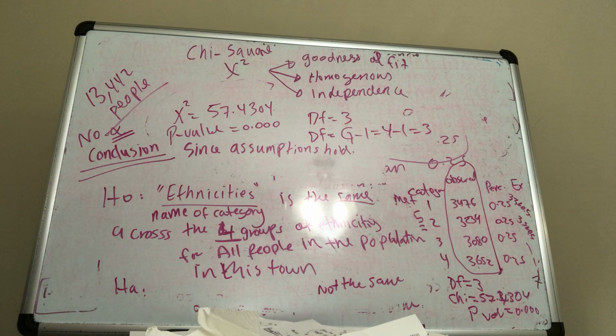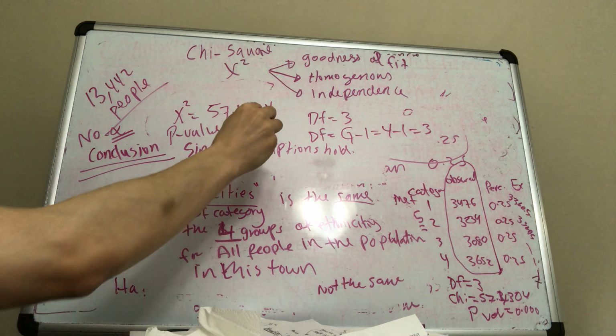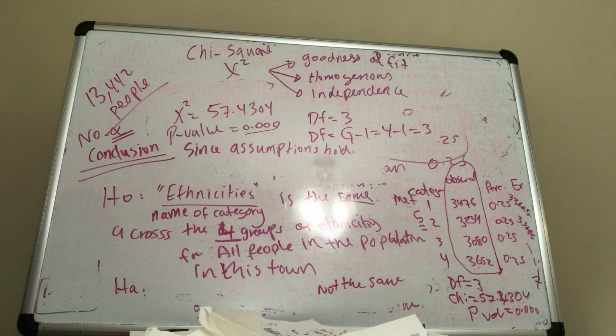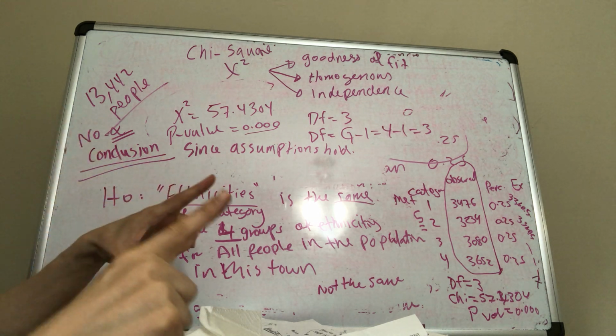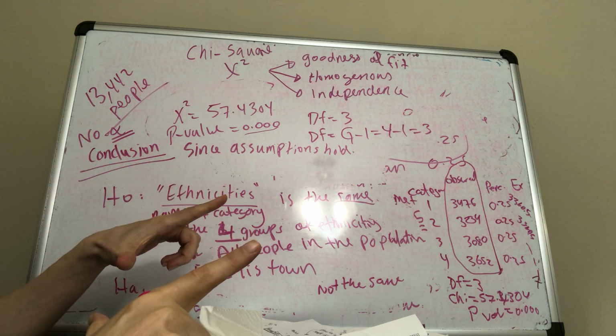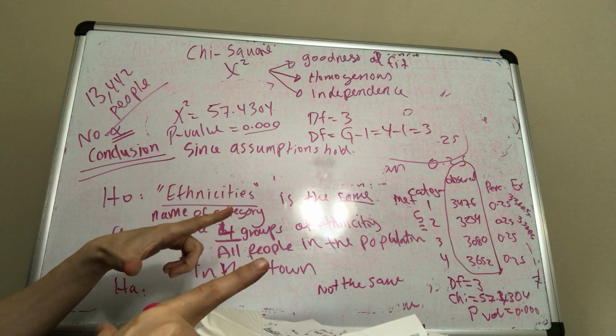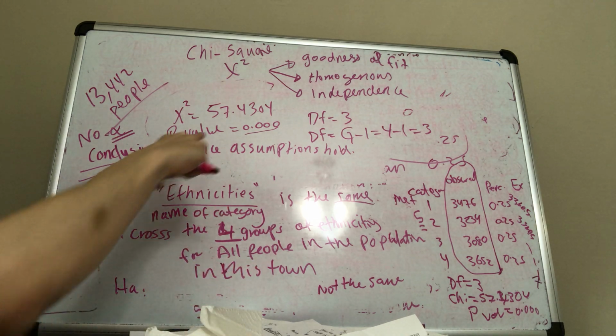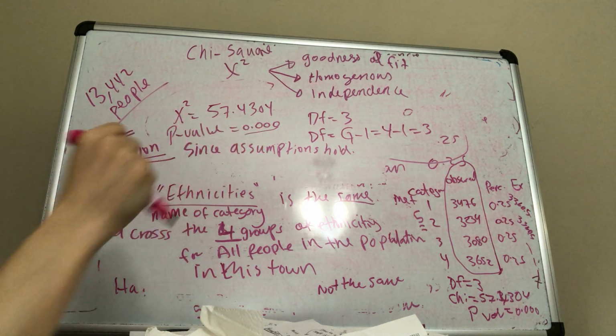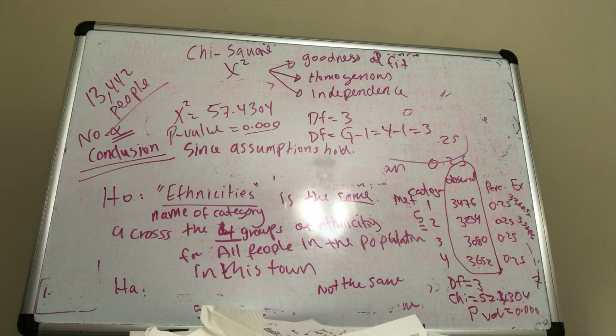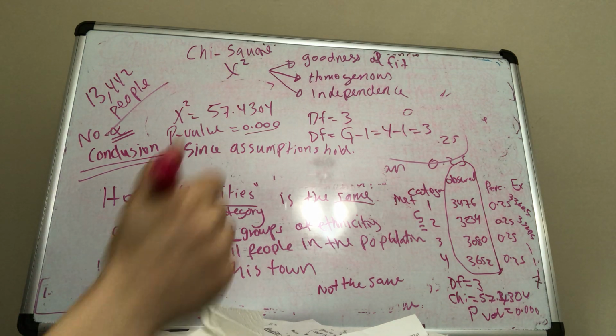So since we don't have alpha, we have to state the conclusion in terms of strength. Your p-value is 0.000. So you go to that strength graph or table that I sent you, you see that this is actually less than 1%, and in this case you have strong evidence to support HA.